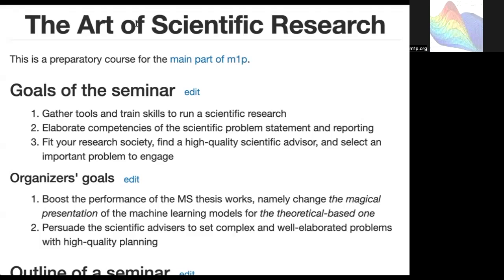The task of project selection could be more difficult than the task of project accomplishment, since it requires higher qualification from researchers. So we split the whole thing into two parts.